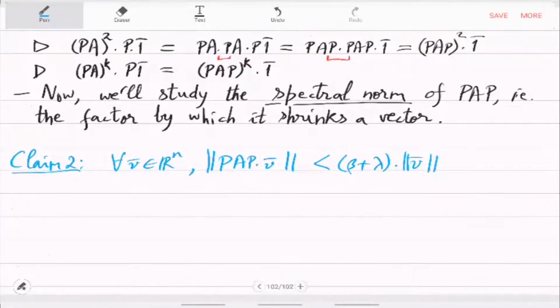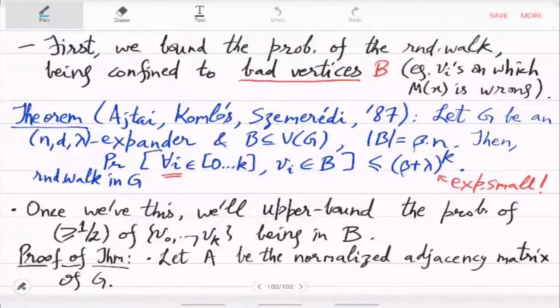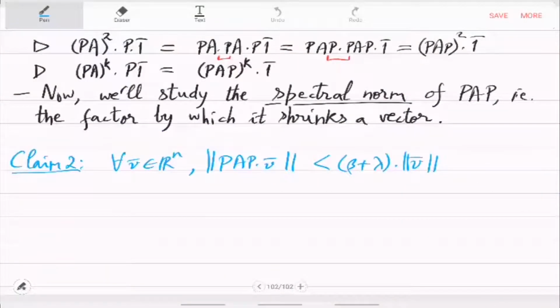Beta is the density of B amongst all the vertices, and lambda was the second largest eigenvalue of A.